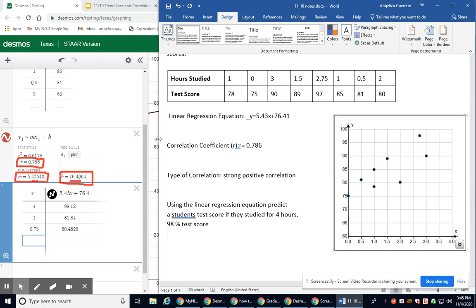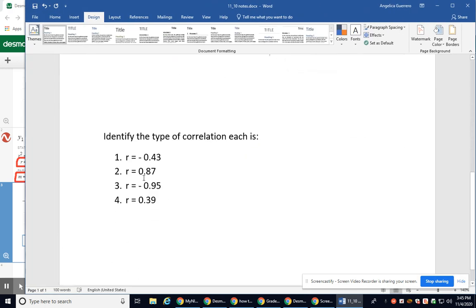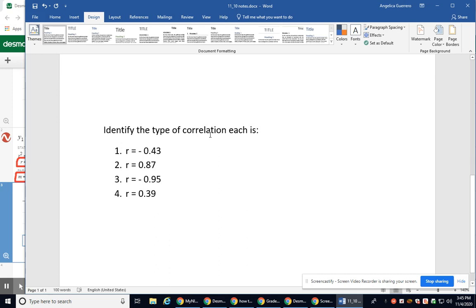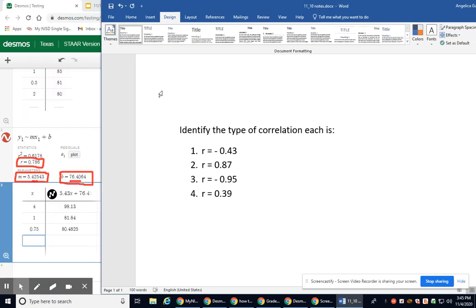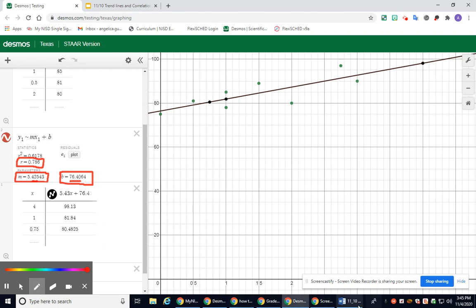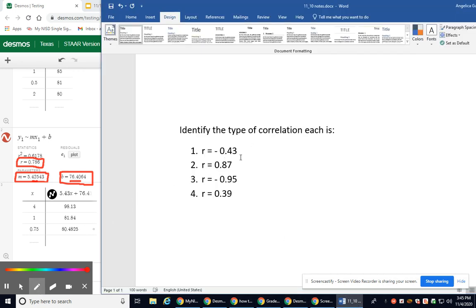Lastly, on our notes, we are going to look at identifying the type of correlation it is. So from this type of question, you would want to go ahead and, let me move this over so I can grab this pencil here. So when I identify this to be a certain type of correlation, I want to make sure I understand that the type of correlation goes back to our notes.